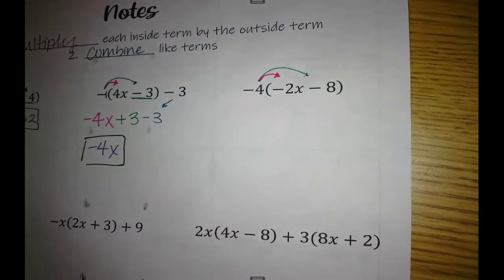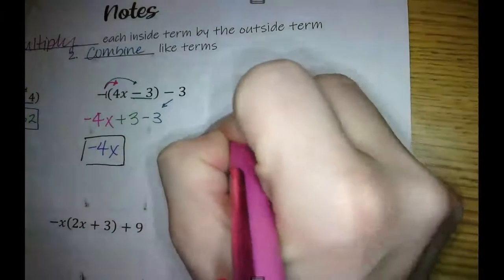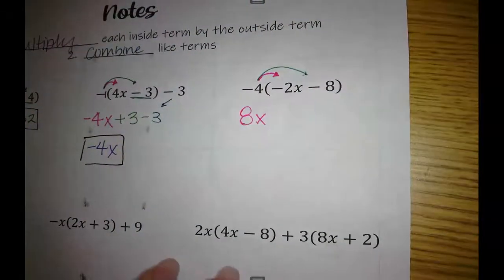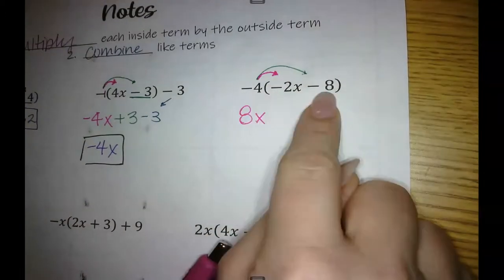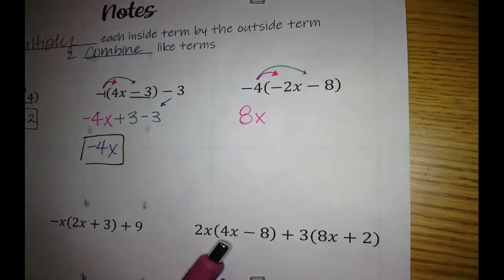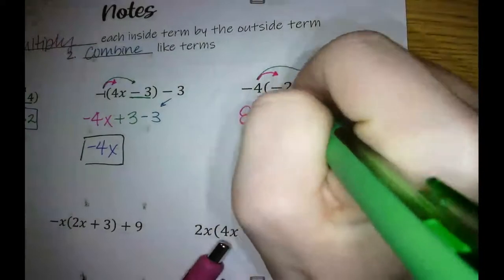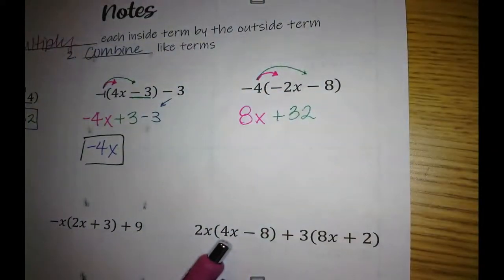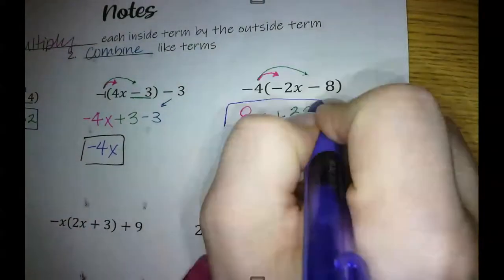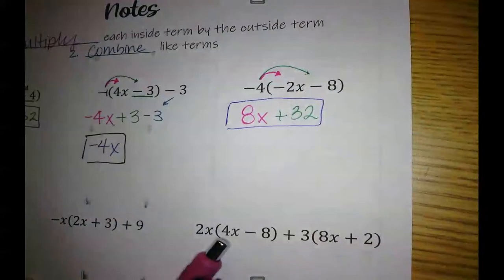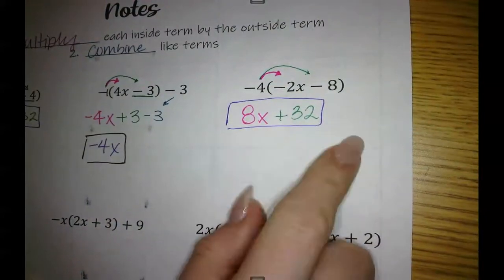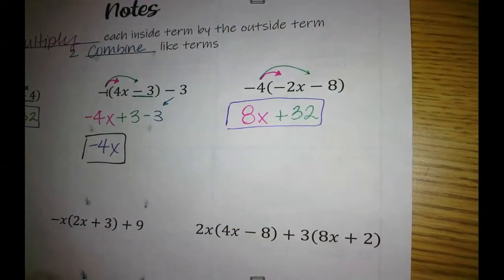Remember, negative 4 times negative 2 is a positive 8. Don't drop your x. It just stays the same. And then we have negative 4 times negative 8, and that is a positive 32. We can't combine any of those terms. Remember, if one has a variable and one doesn't, we cannot combine those.